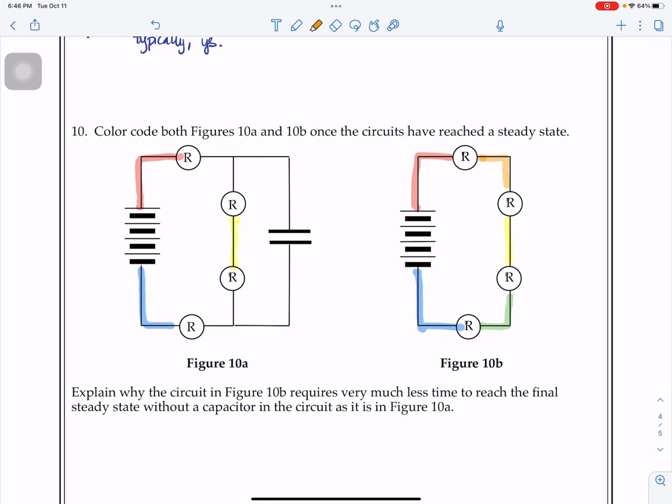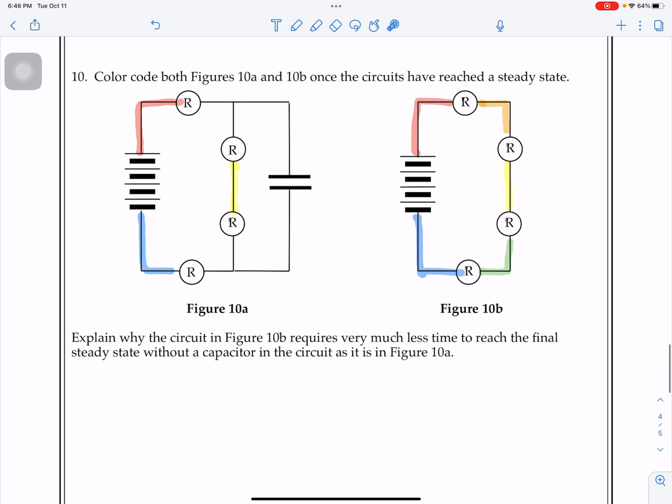I know that I have no flow through here, and all of the flow is going through here, but this needs to be the same color. I'm going to come back to that one. I'm going to try to talk my way through this.